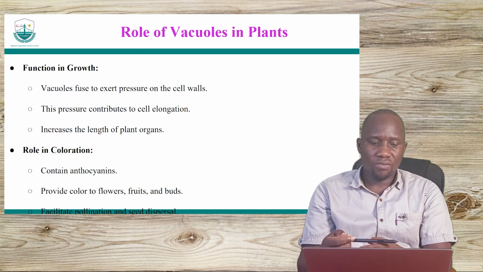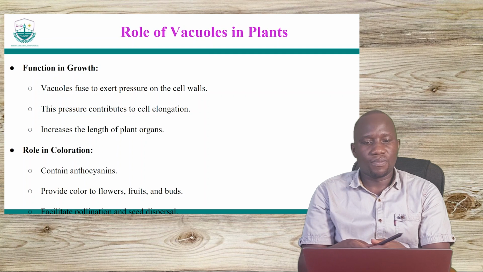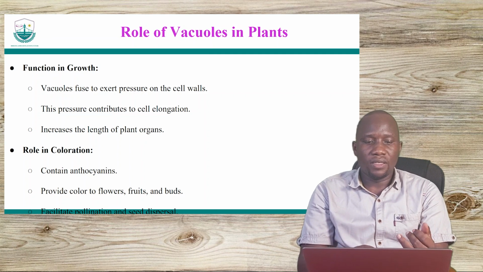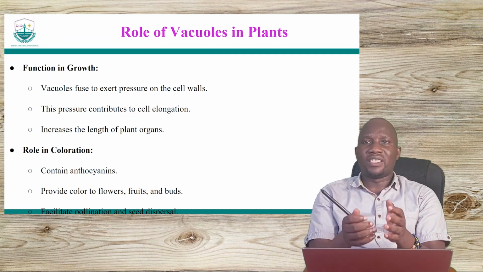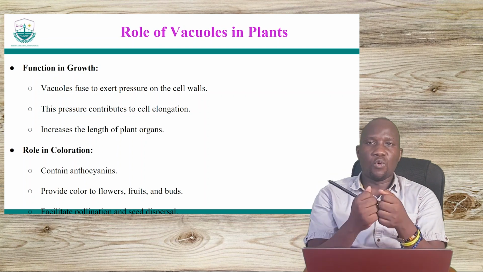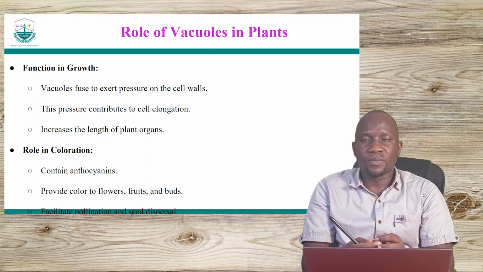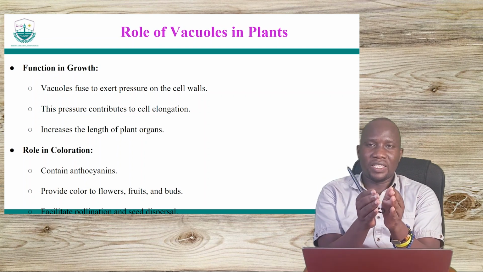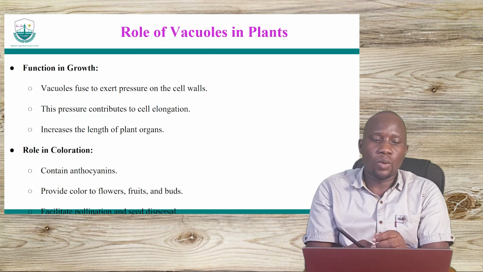The other function that we can also mention, especially for vacuoles in plants, is that they provide support. That support comes when fluid enters the cell, and the cell expands and exerts pressure on the cell wall.